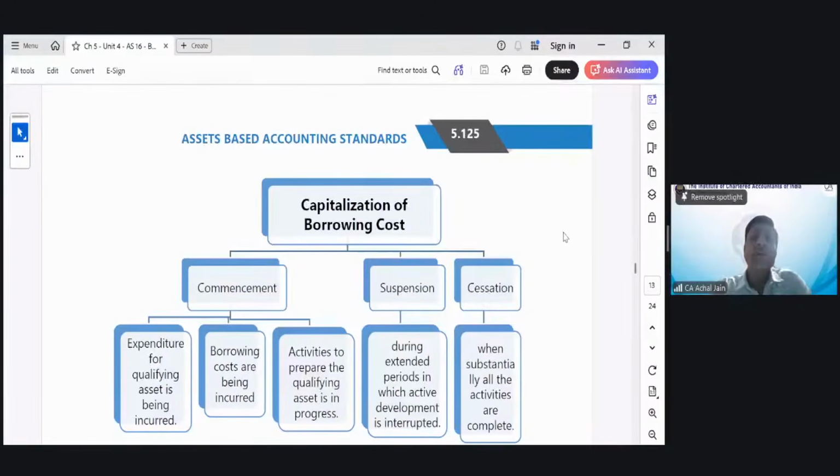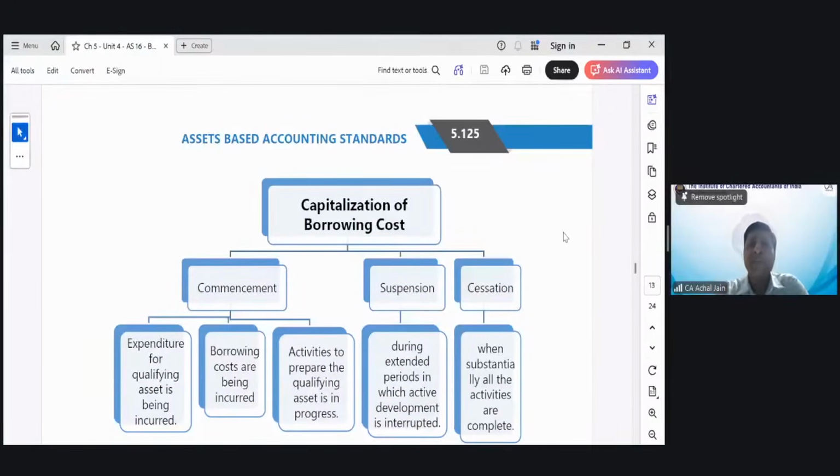Now, in relation to qualifying asset as well, we discussed when do you start the capitalization? Is there any period for which you will not be capitalizing the interest? And eventually, what is the date, what is the cutoff when this comes to an end?